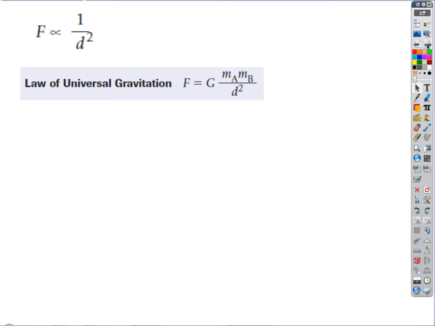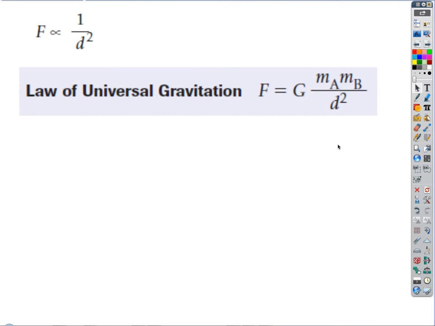It tells us that the gravitational force acting between objects A and B is equal to this universal gravitation constant, which is really small, like 6.67 times 10 to the negative 11. Really, really tiny. It's very weak, which tells us how weak gravity is compared to the other forces.